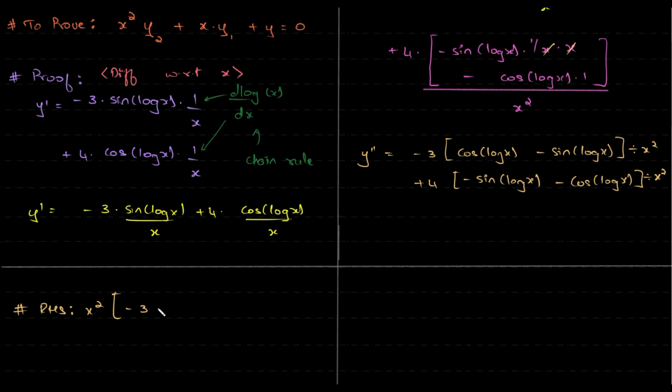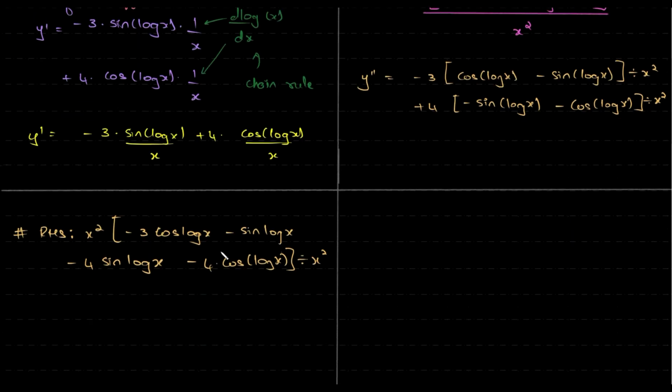So minus 3 into cos of log x minus sine of log x. Then we have minus 4 sine of log x. So this is plus 4 by the way, my bad. Oh no, minus itself. 4 cos of log x, and both of this term are divided by x squared.